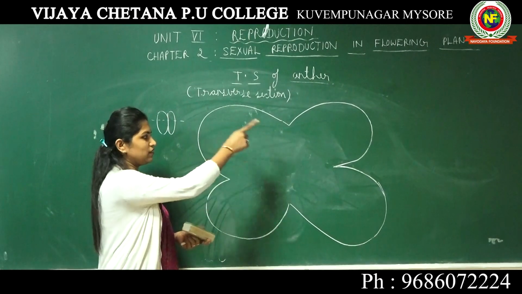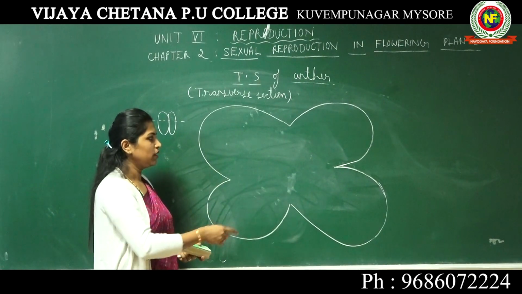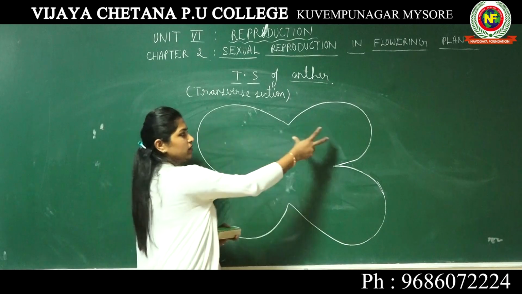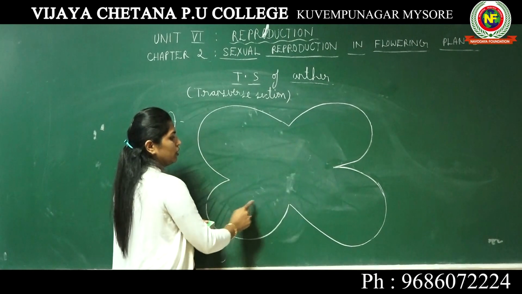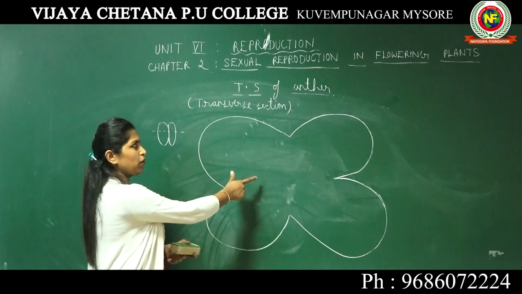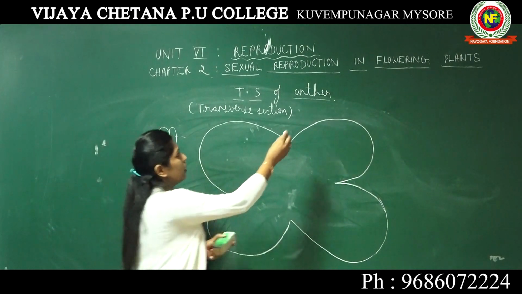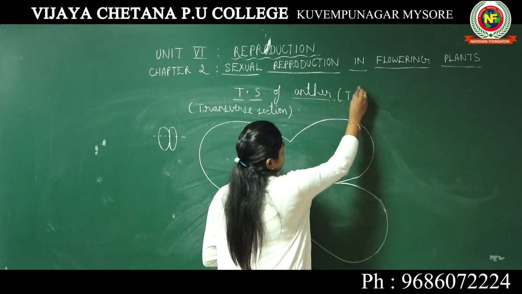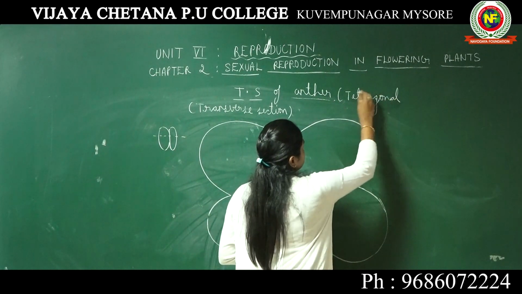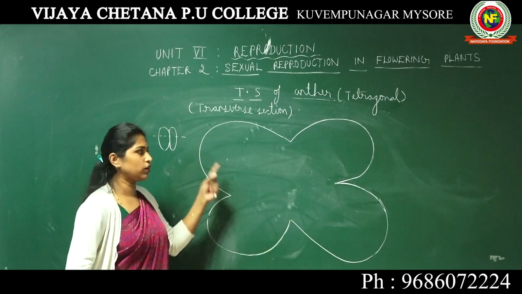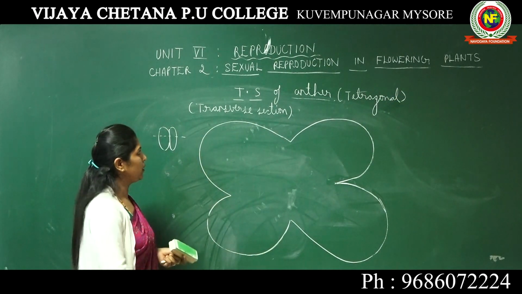You can make out that it has 4 corners. Such a type of anther is called a tetragonal anther. This is the structure of anther in outline.